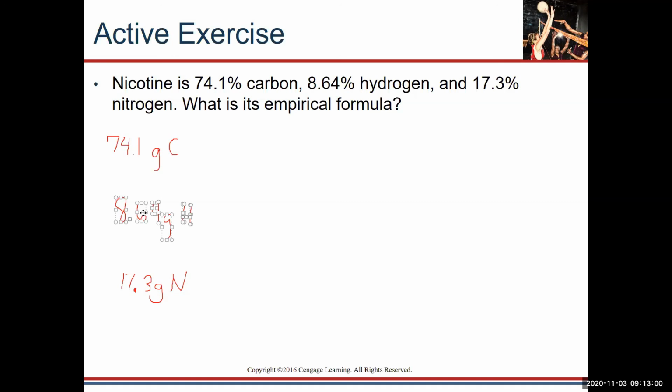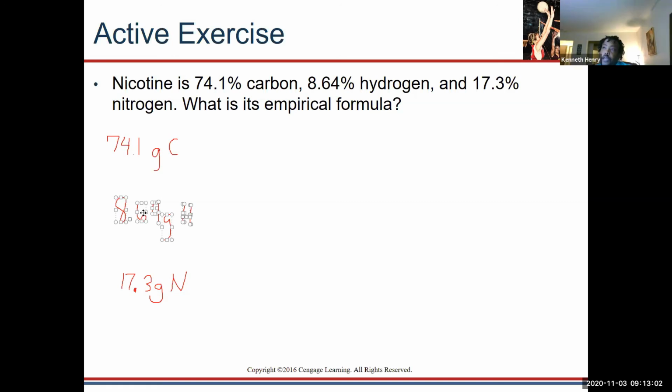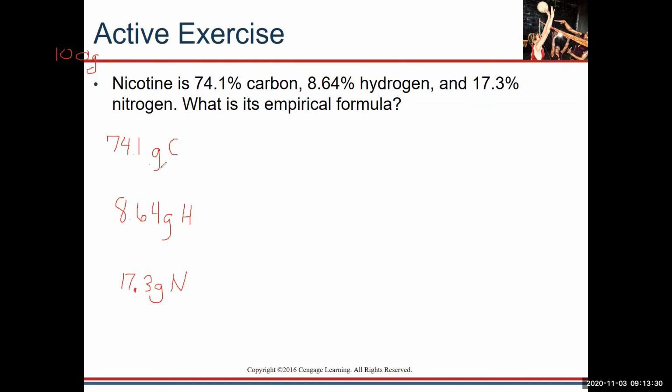How did you get the 74.1 grams of carbon? I made the assumption I have 100 grams, right? So if I multiply 100 grams by 0.741, I get 74.1 grams. Because it's percent mass, it's based on 100%, all you need to do is change that percentage into grams.